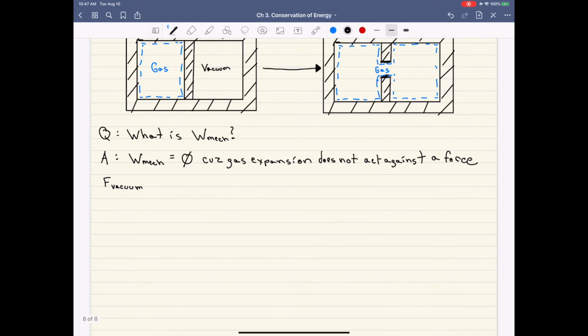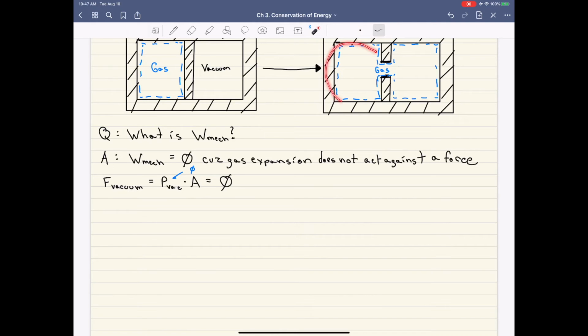With the vacuum, the force exerted by the vacuum is equal to the pressure of the vacuum times whatever area it's acting on, F = PA. We're dealing with a vacuum, so by definition, the pressure of a vacuum is equal to 0. And so that means the force exerted by the vacuum is also equal to 0.